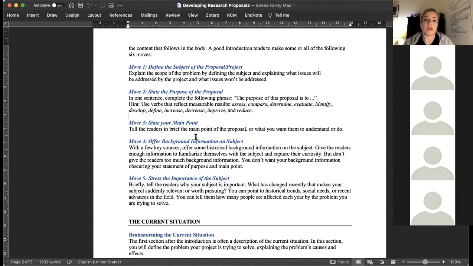You can tell them how many people are affected each year by the problem you are trying to solve. Okay, this is regarding the introduction. Simple, straightforward, all in few short, straight to the point, clear sentences that will convey the different parts of your introduction.